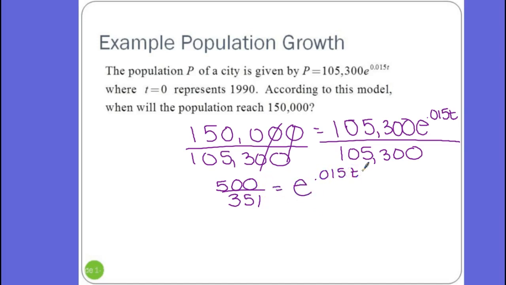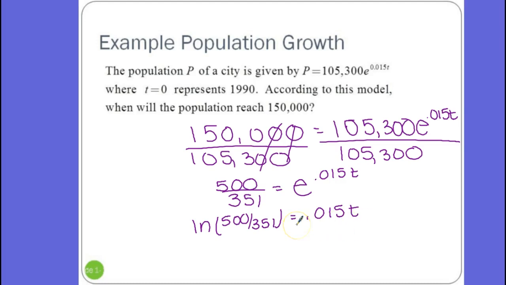So now what do I want to do? Yeah, ln both sides. How do you solve for t? Divide by 0.015.